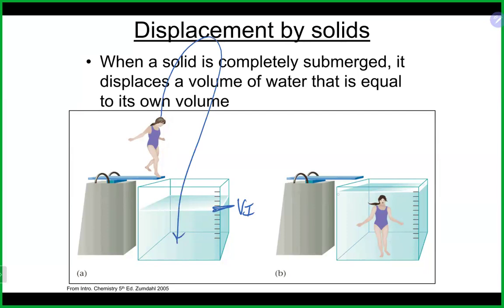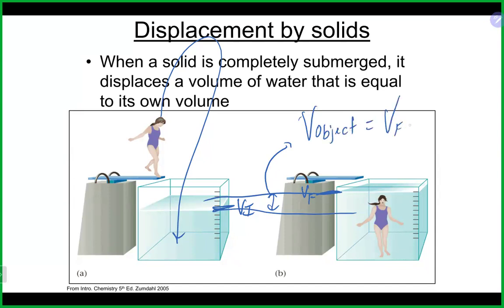And when she does, obviously the volume in that tank is going to rise to a final volume. If we take the difference in the water level, the difference between where it started and where it ended, that would be the volume of the object, or her volume in this particular example. And that's a very common way to find the volume of a solid object.